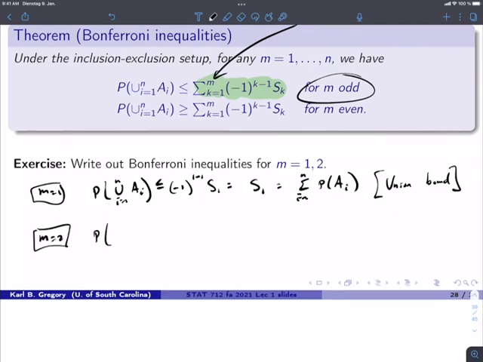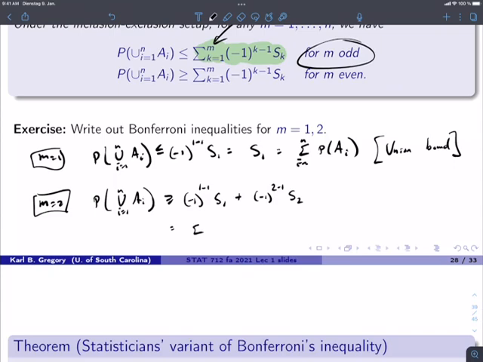For m equals 2, if I keep the first 2 terms, I get an inequality going in the other direction. So I first get this, then I get this.